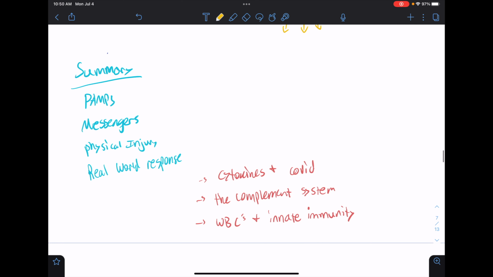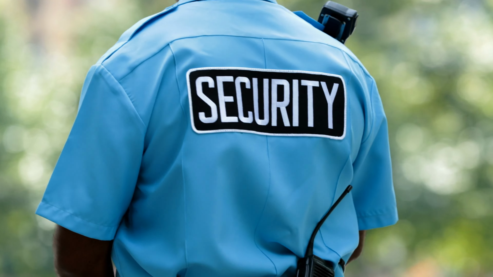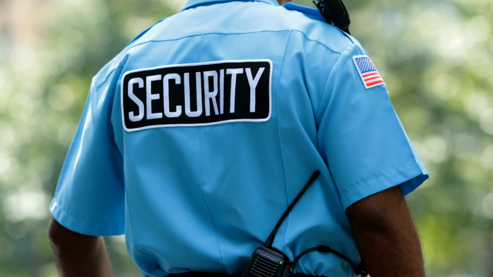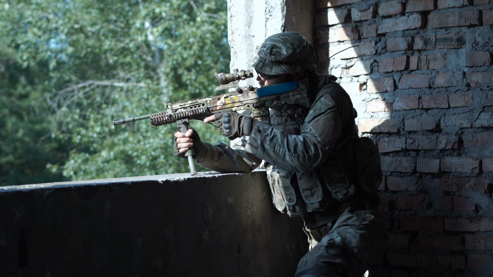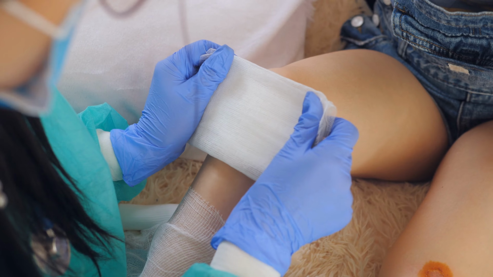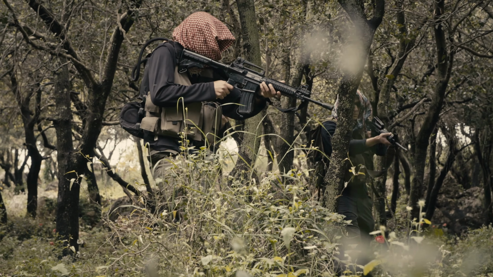So in summary, we have this immune system that protects us from all these different things. Specifically, the innate immune system has this very general response to things. It will attack pathogens. It will help us heal our physical injuries. And our cells recognize those threats by way of those molecular patterns, those PAMPs.